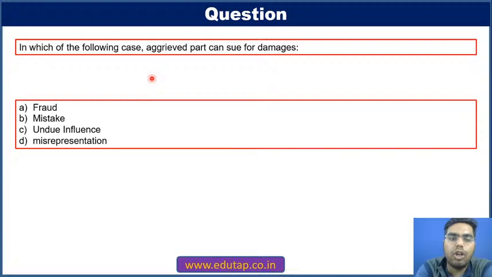Next: in which of the following cases can the aggrieved party sue for damages: fraud, mistake, undue influence, and misrepresentation. Some questions I have asked you that I have not covered also. I can assume you can do it from your own knowledge. We are running short of time. We have only 15 to 20 minutes. We have to cover the other act also, guys.